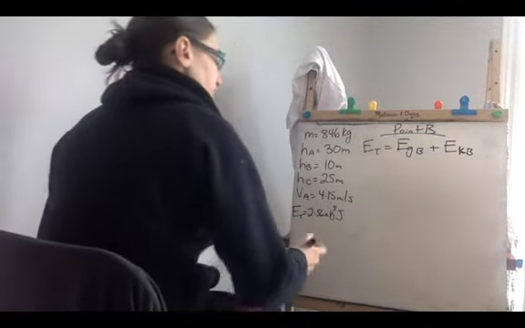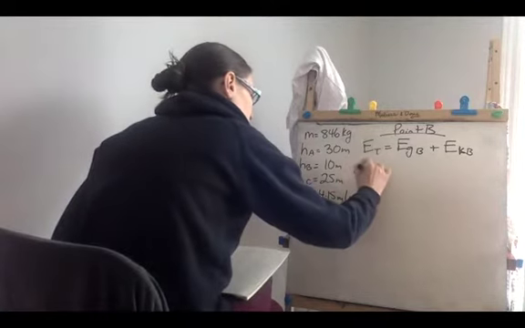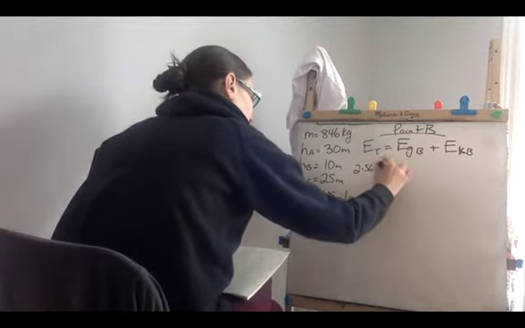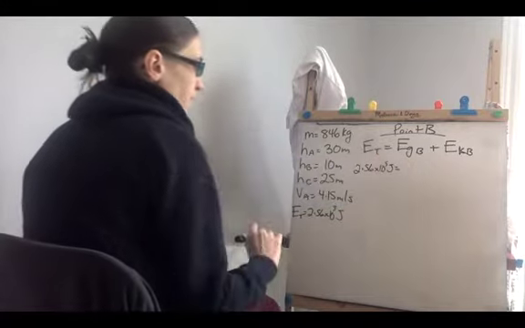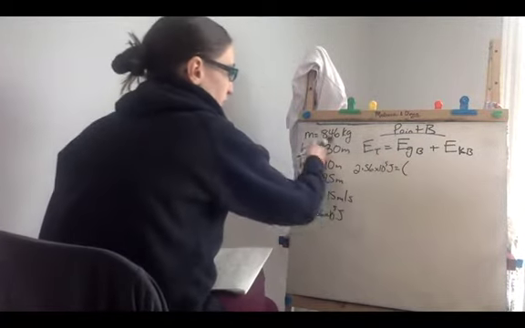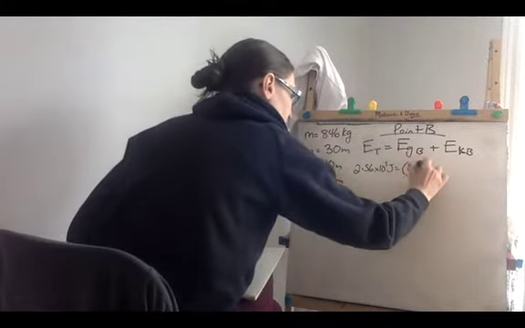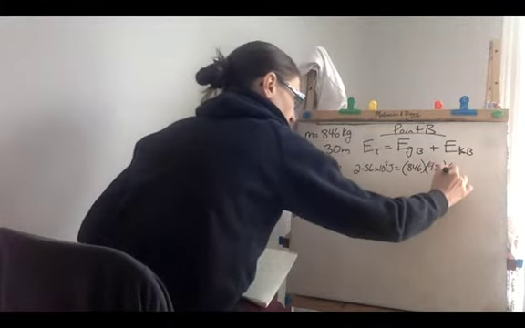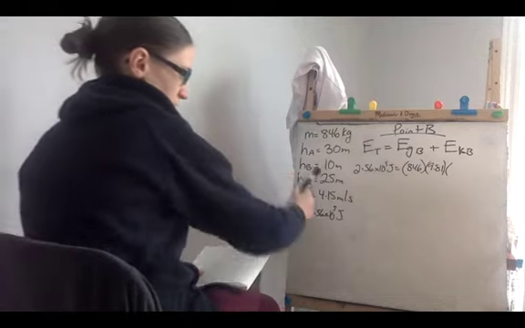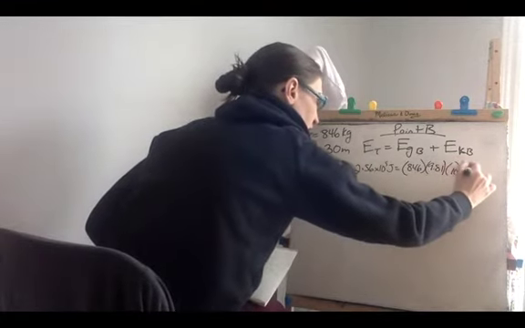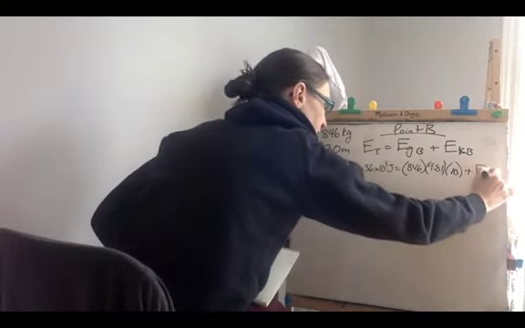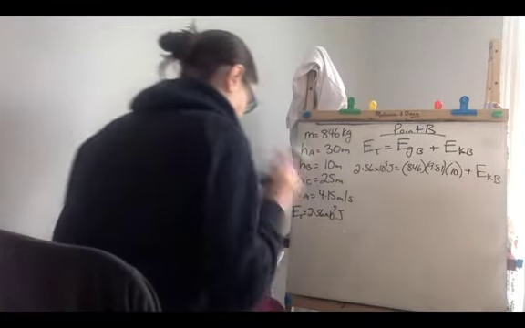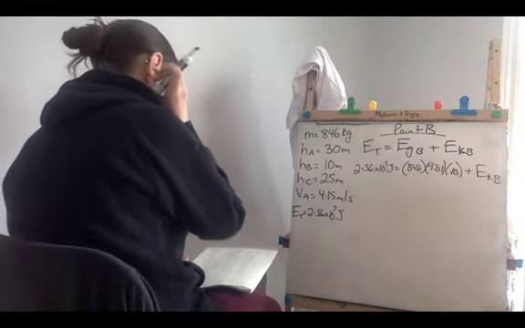We know this value is 2.56 times 10 to the 5 joules. This can be found using our mass of 846 multiplied by gravity, 9.81, multiplied by its height, which in this case is just 10 meters, and then that's plus EKB, right? So we're being asked what is EKB there.